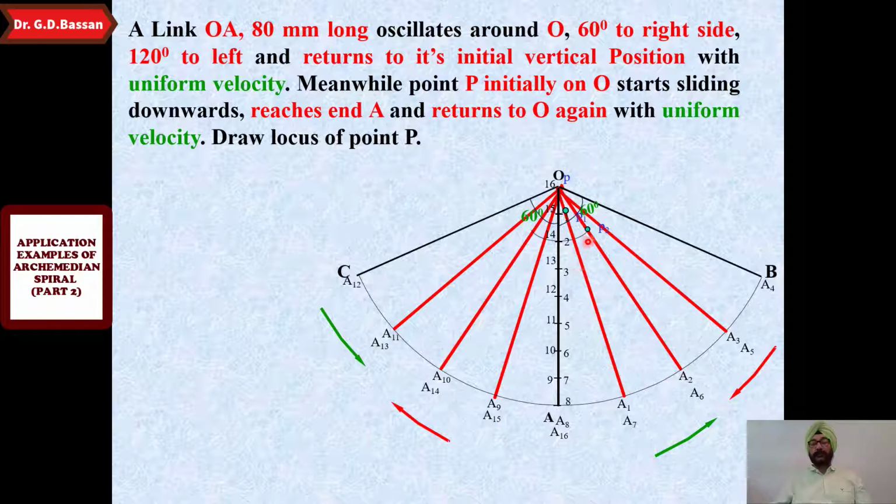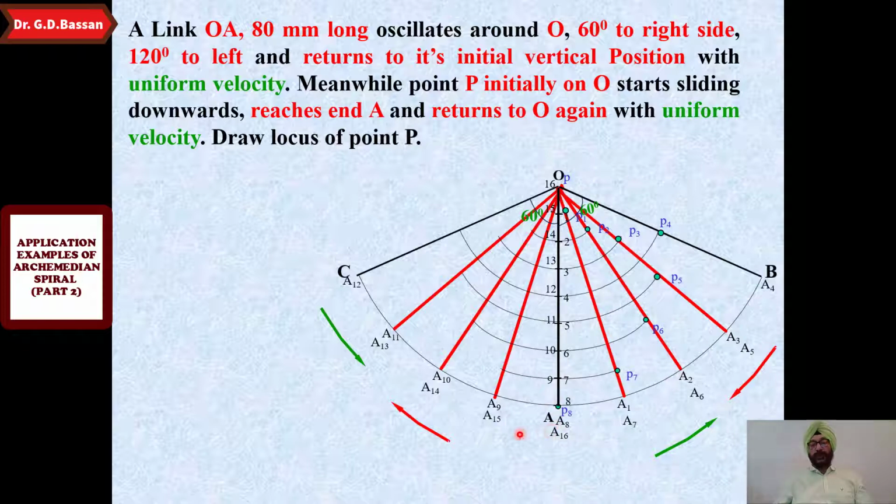I think you must be knowing how to draw the Archimedes spiral and how to get the different points by the same method, so we are not going to discuss all these things. So P3, then P4, coming back again we get P5, then P6, then P7, and P8 will be exactly at the halfway, that is at the A point.